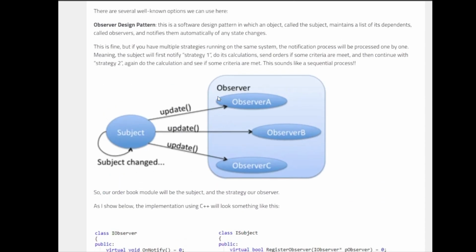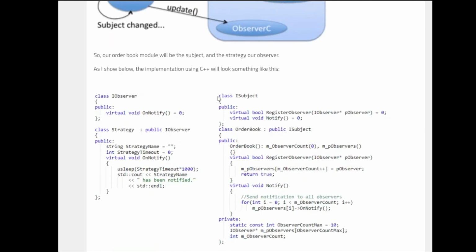If we try to understand what happens, we have a particular subject, and when the state of the subject changes, we update all the observers that we have. Particularly the notify method is the one that notifies all the observers when the state of the subject changes.